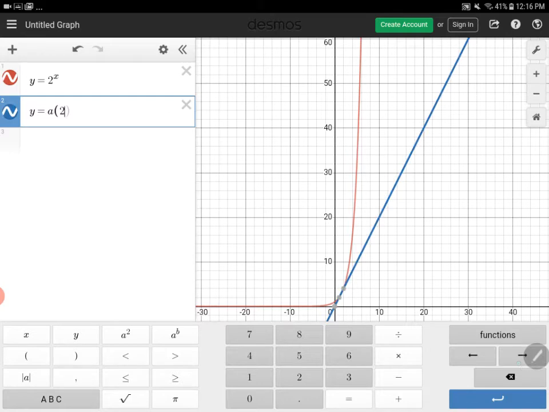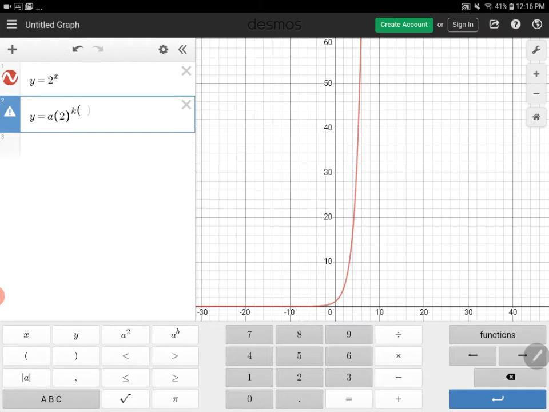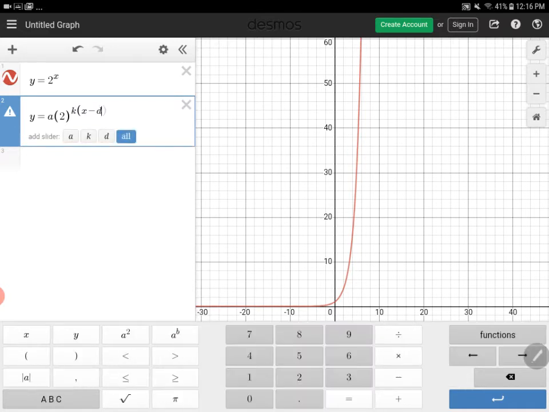Two to the power of, we need our k value up there, k bracket x minus d, and then plus c.